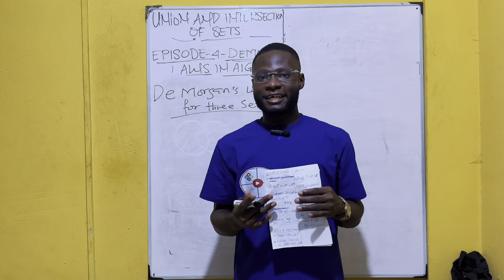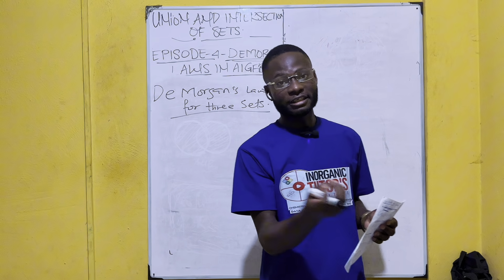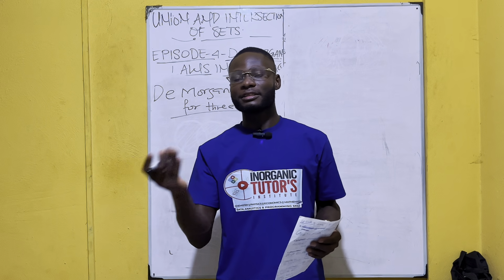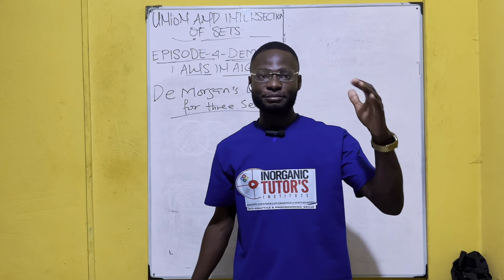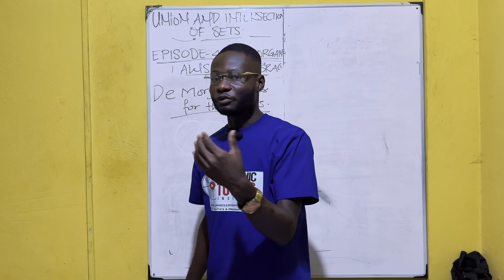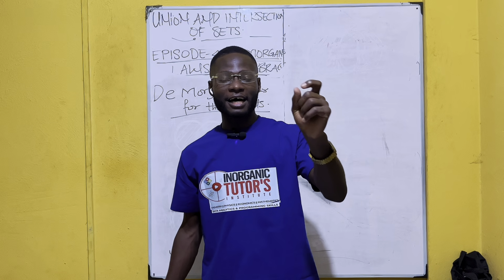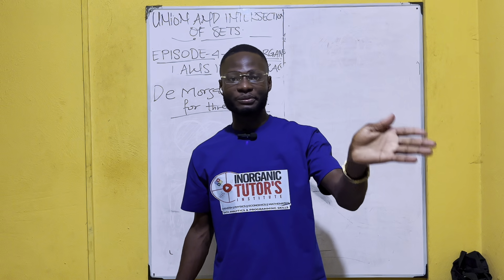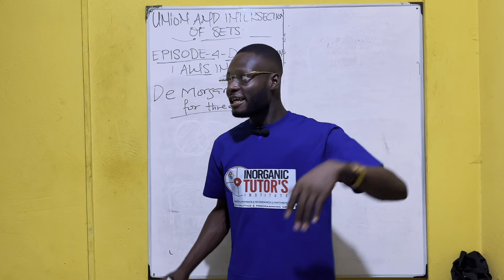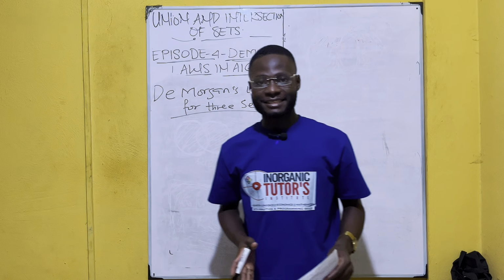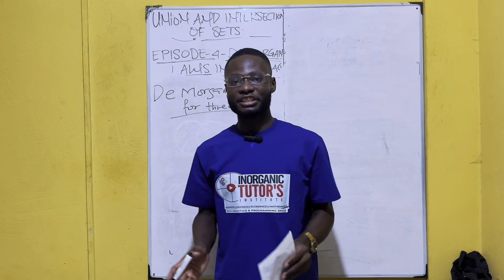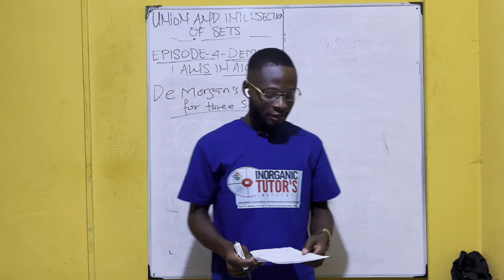It's like stretching the distance formula when you have two points and you get to the third dimension where you extend it to the z. The same thing applies to De Morgan's law. We are just going to extend it.